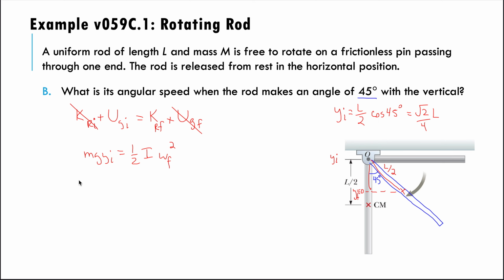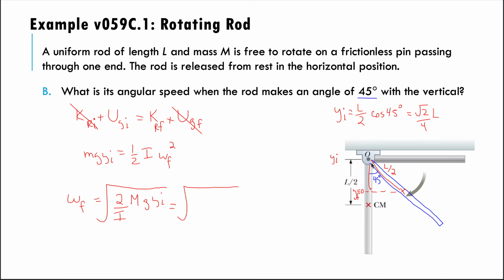And now we can go ahead and solve for omega final, just like before. It's going to be 2 over I times Mgy initial, I like to use a capital M, take the square root, and go ahead and plug in everything that we know.